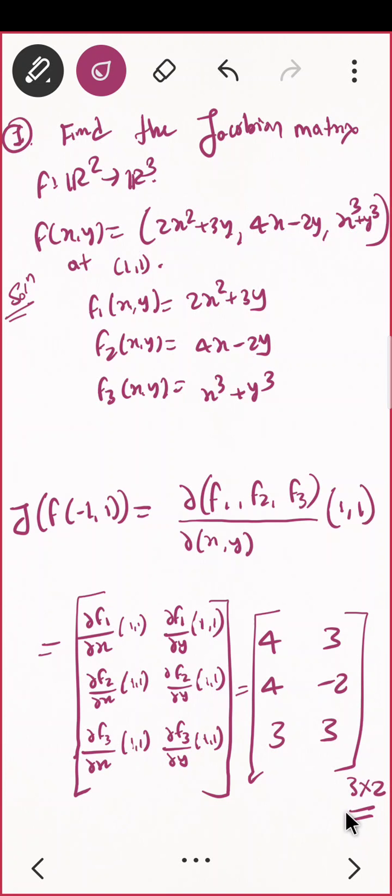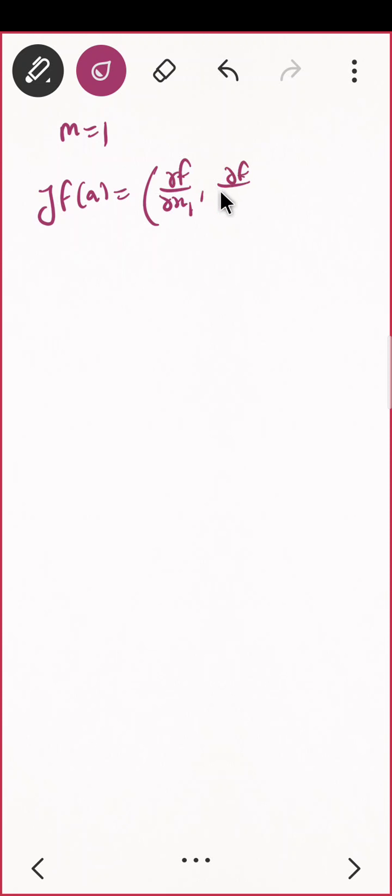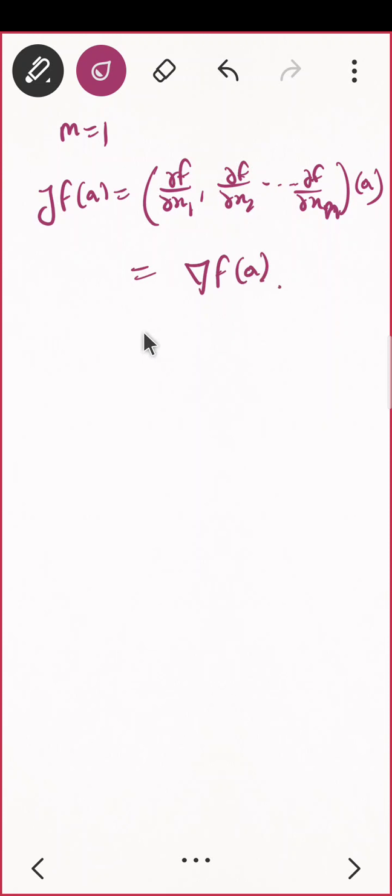That's it. So whenever you are having any question and the question is to find Jacobian matrix, you should do this, correct? When you put m equal to 1, it will be your gradient vector. So J f of e, that will be your gradient vector. Dou f by dou x 1, which I already told you, dou f by dou x 2, dou f by dou x n. Correct?